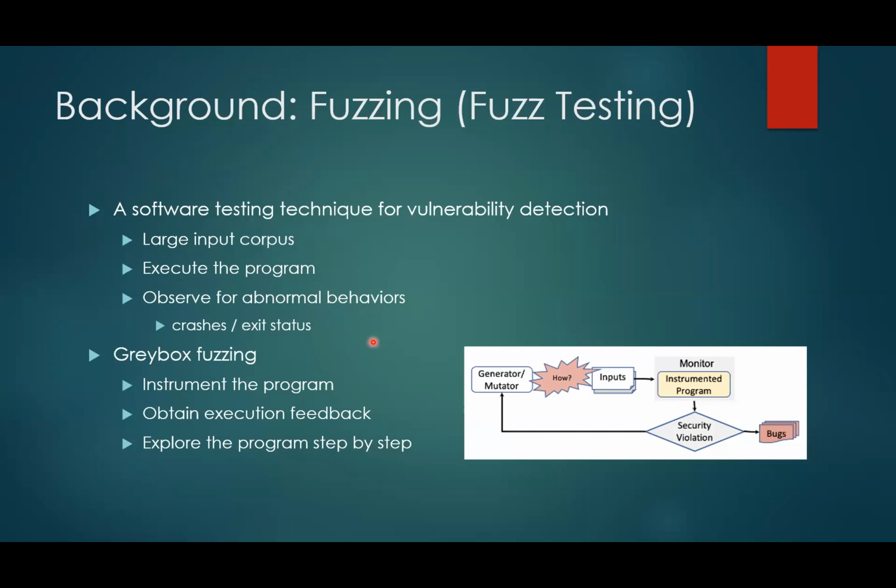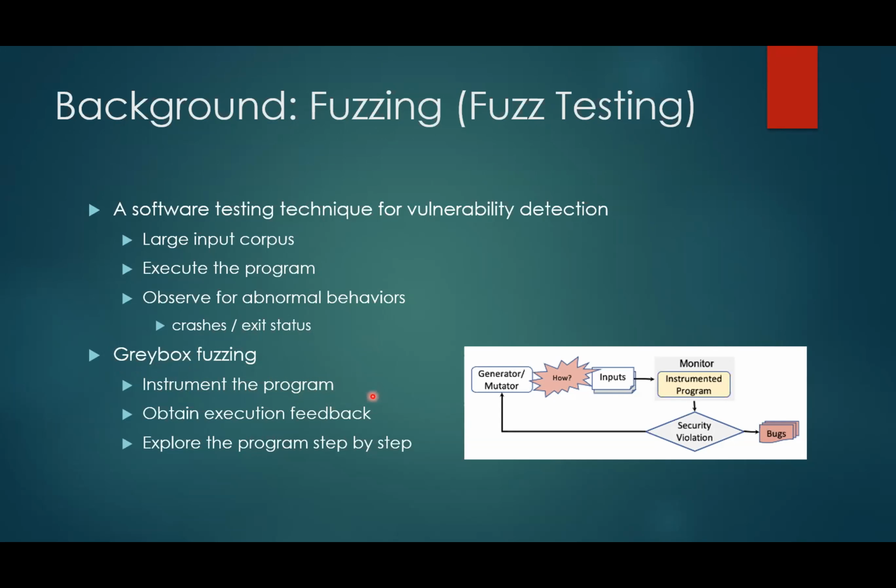To make fuzzing more effective, nowadays people are applying gray box fuzzing, where we not only execute the original program, but also instrument it. By instrument, we mean we add some additional code to the original program, so that we can collect execution information such as code coverage of the target program.